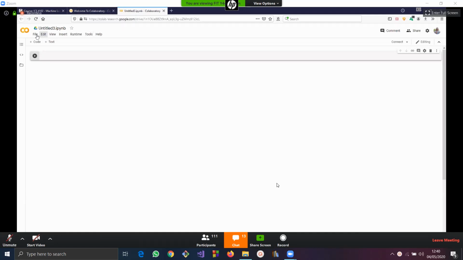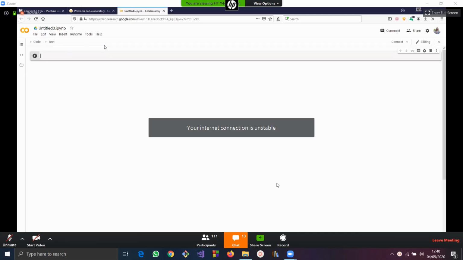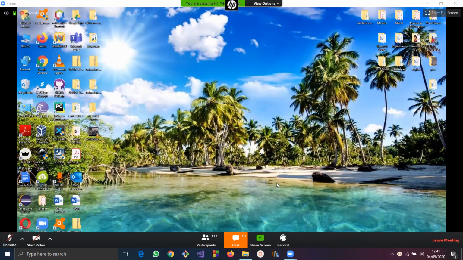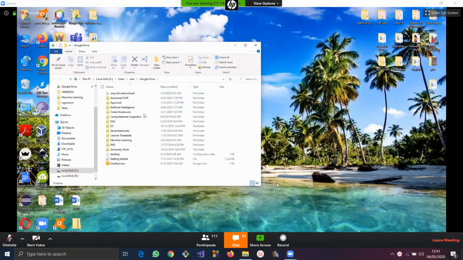So right here, after we are done, it automatically saves this in Drive. So I will also encourage you to have a Drive. I normally work on my machine, but I have Google Drive for desktop. It's on for Windows. You can check for Mac. And I have all my files here.